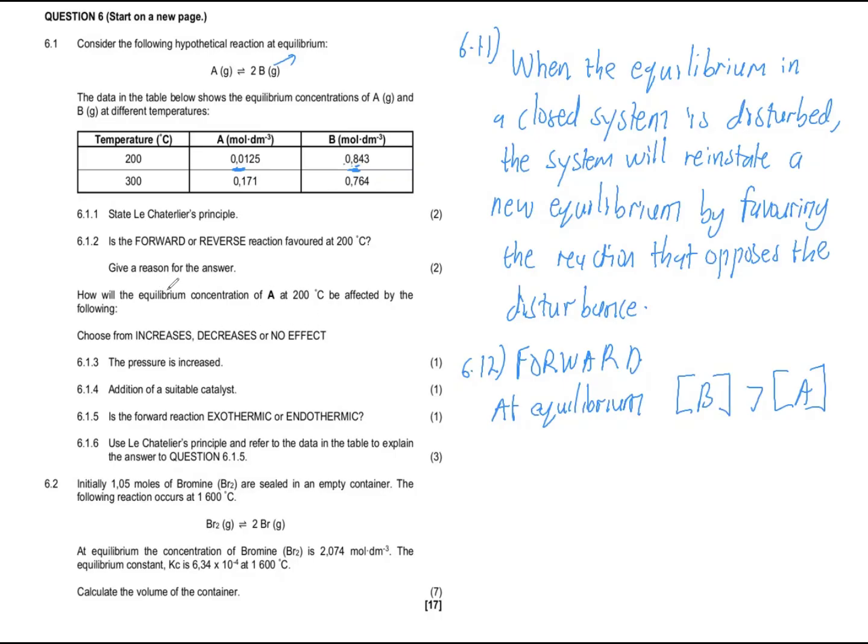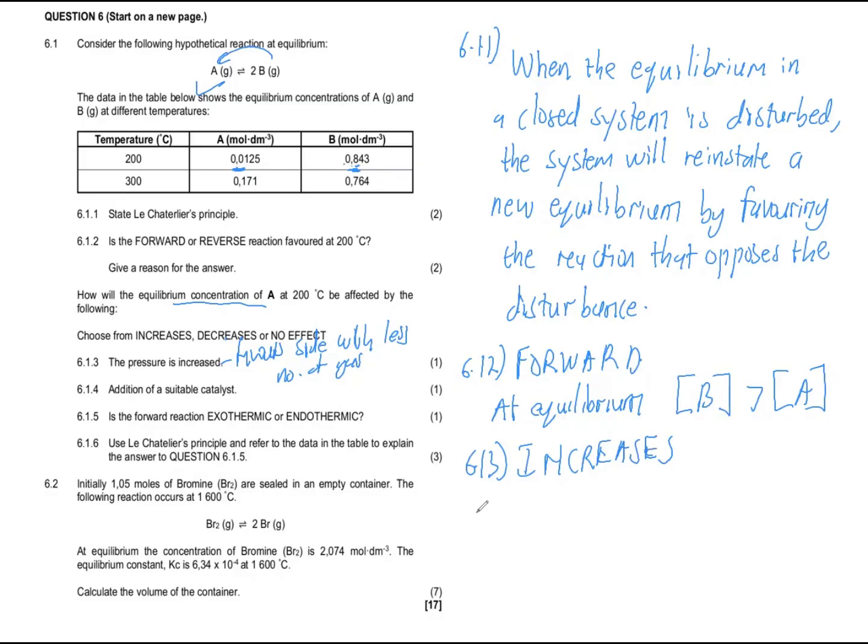If the pressure is increased, remember an increase in pressure favors the side with less number of gas moles. And which side has less number of gas moles? It is the reactant side, which is the reverse, right? And then we were asked about the concentration of A. What will happen to the concentration of A in that case? It means it has to increase. So our answer is increases.